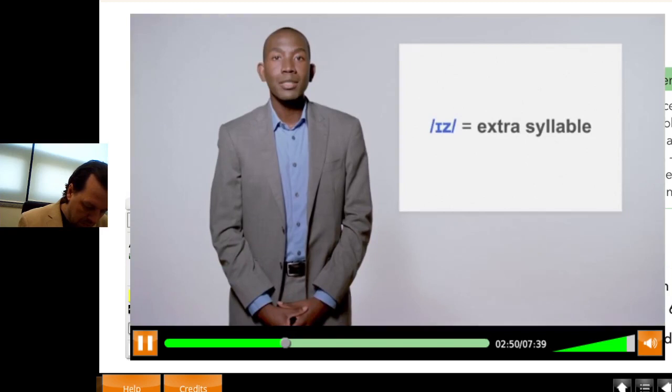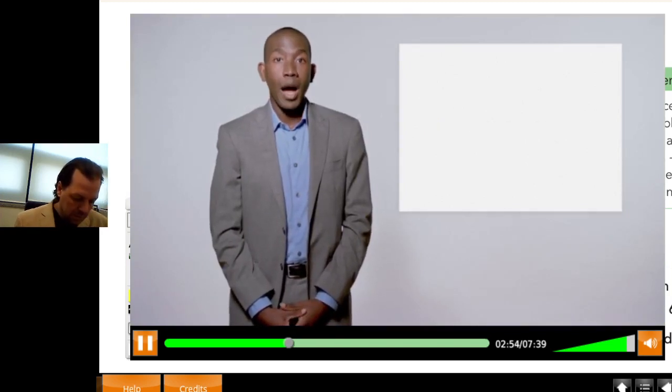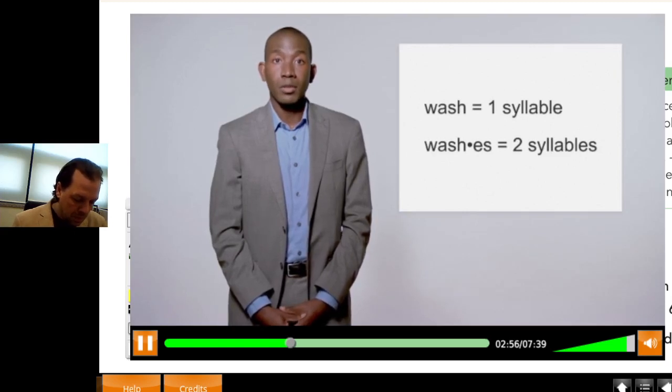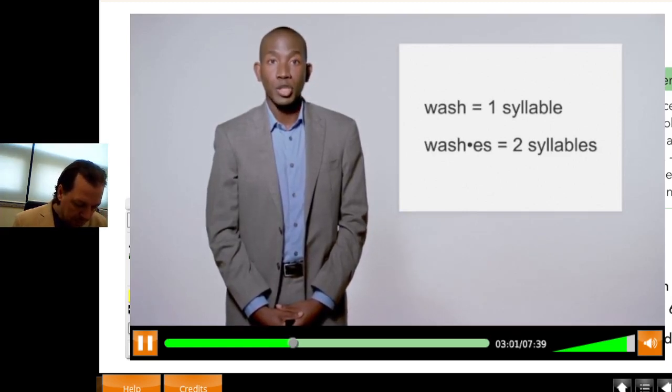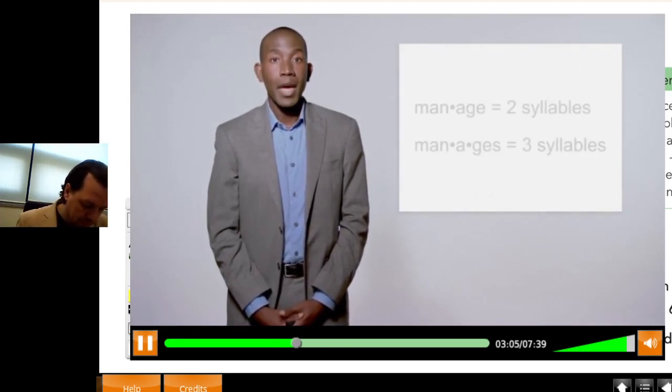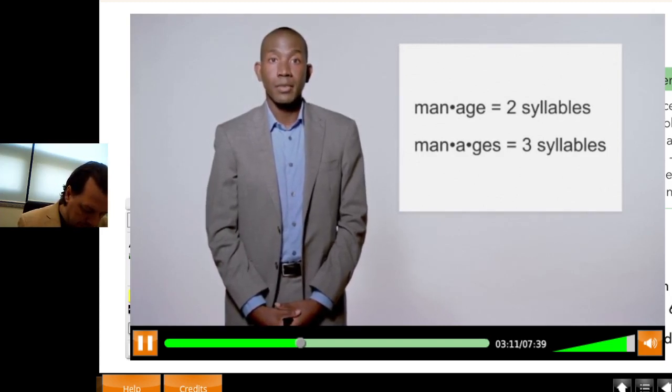The pronunciation iz adds an extra syllable to the verb. Wash is one syllable. Washes is two syllables. Wash. Washes. Manage is two syllables. Manages is three syllables.